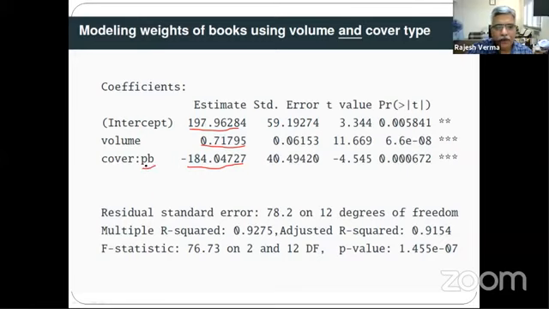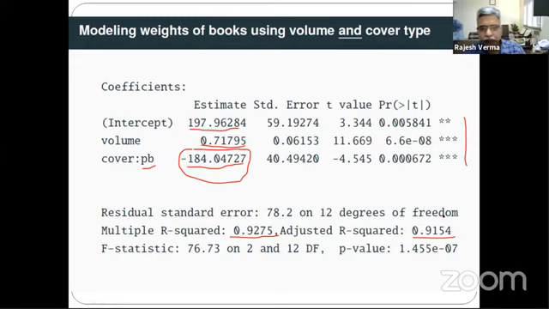If the cover is paperback, then this will be added, otherwise not. So when we perform this multiple linear regression, we have multiple R squared, that is 0.9275, and adjusted R square is 0.9154. And the significance level is shown here, and it is very significant.